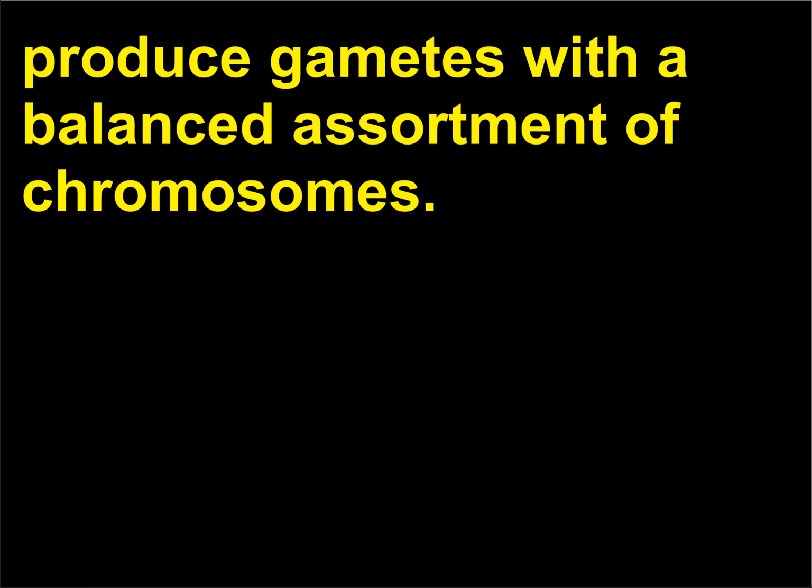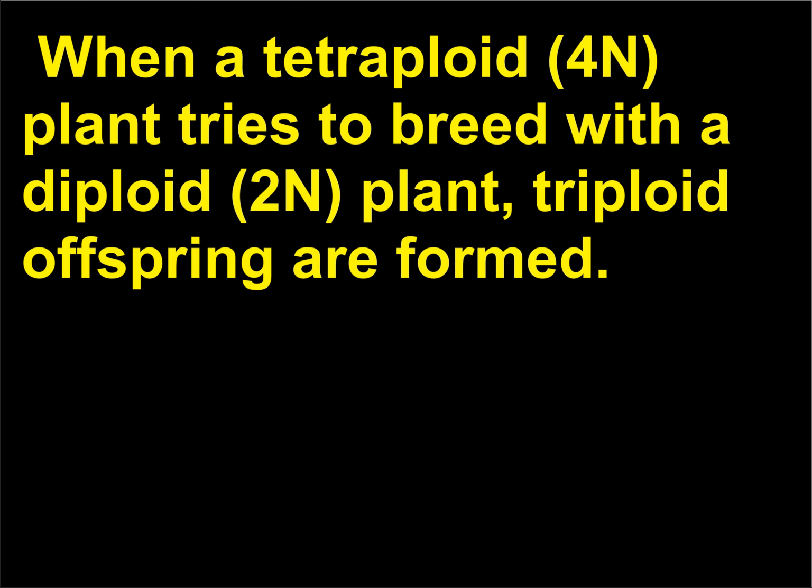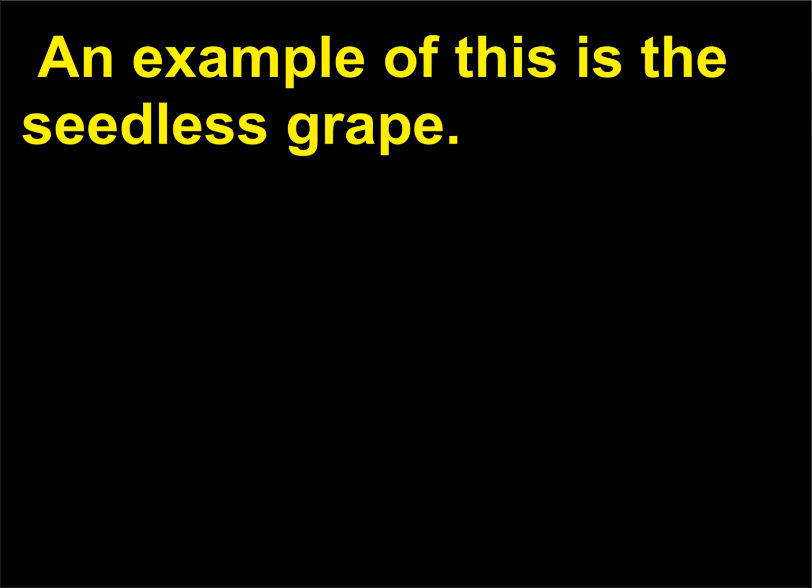Polyploidy is very common in plants, with 30 to 70% of today's angiosperms thought to be polyploid. When a tetraploid, 4N, plant tries to breed with a diploid, 2N, plant, triploid offspring are formed. An example of this is the seedless grape.